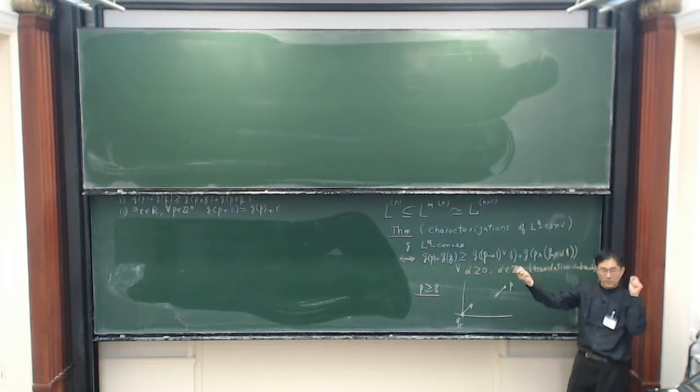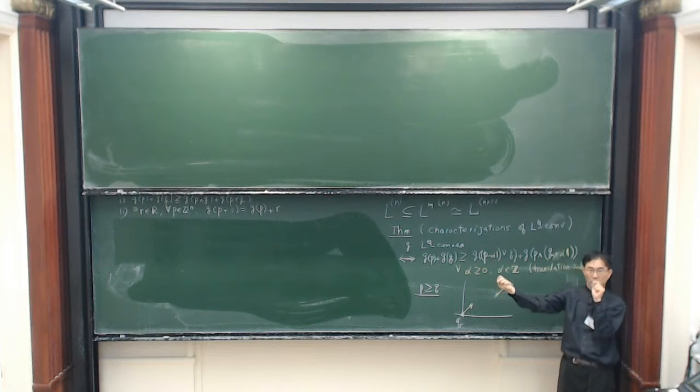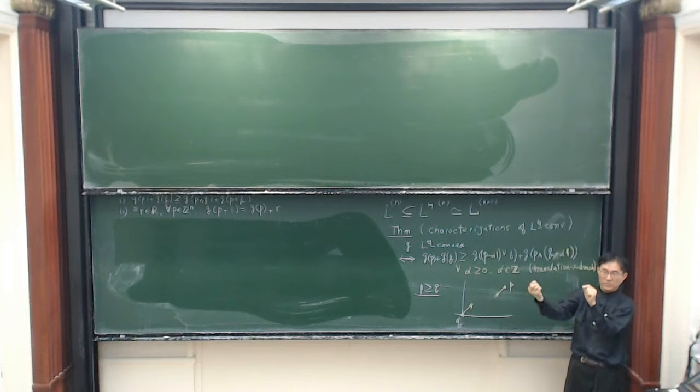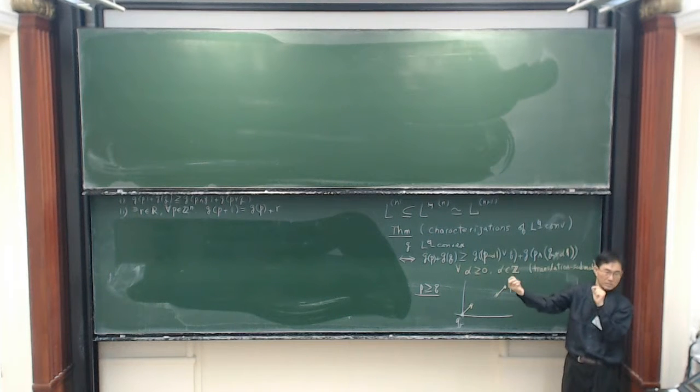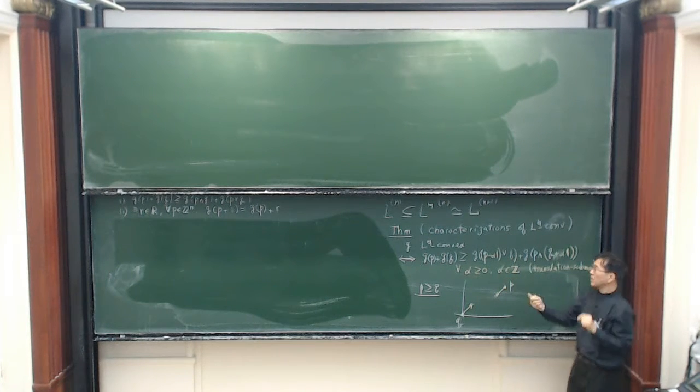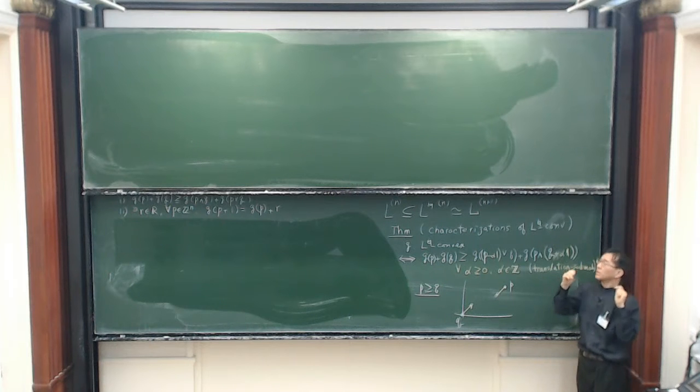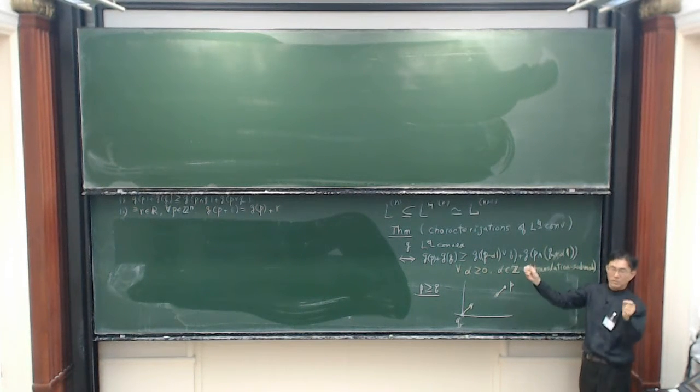If we have a convex function at 2 points, and the 2 points come closer in some sense, then of course on the line segment connecting these points. But here we have only integer points, so we cannot really connect 2 integer points. Then we might have no integer point on the line.